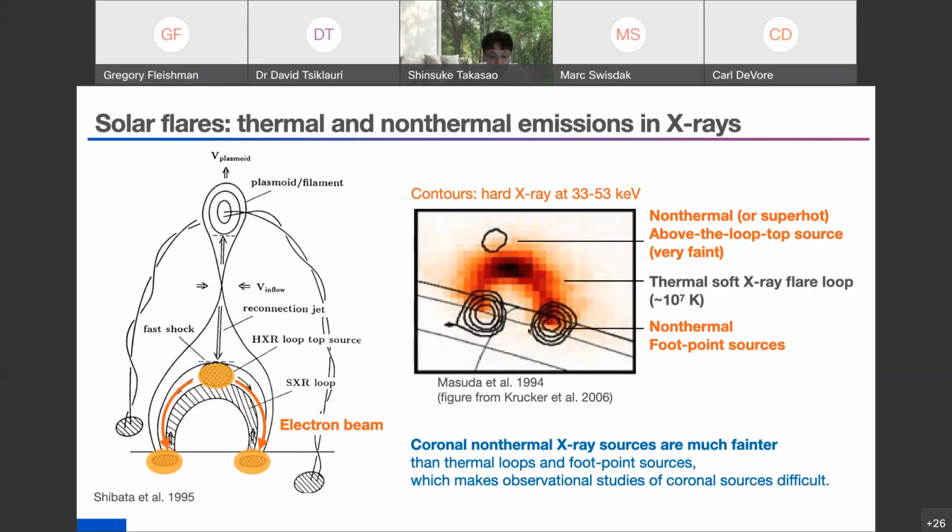And the point is that here we expect the most important energy conversion, but this region is much fainter in hard X-ray than the footpoint sources, which makes observational studies of coronal sources very difficult. So this is one big reason why we don't understand the particle acceleration mechanisms in the solar corona.